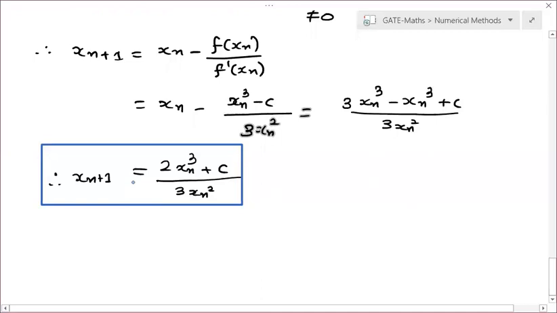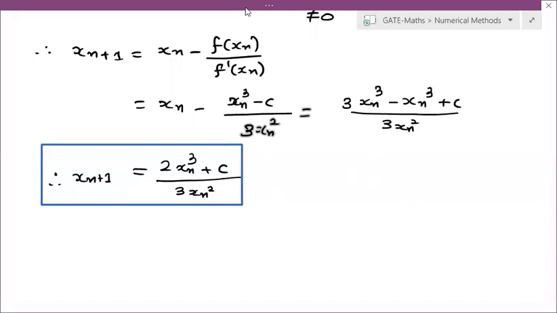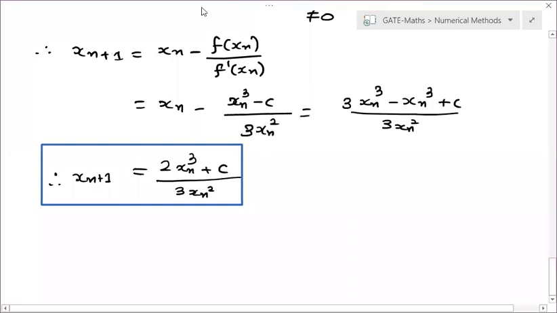Even there is one general formula also, if you want to remember. Let me give you that also. Okay. So let us try to generalize this. So if x is equal to root c, right? In our first question, our x was root c. So for x is equal to root c, after simplification we got x(n+1) is equal to (xn square plus c) divided by 2xn, or not.